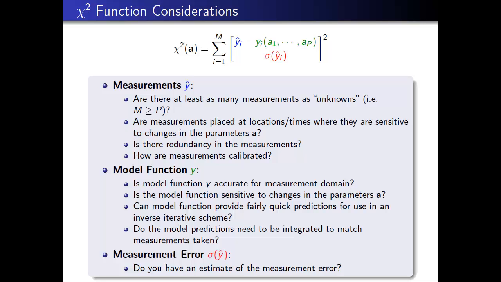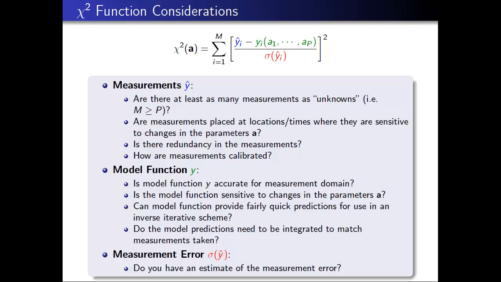Are the measurements placed at locations or times where they're sensitive to changes in the parameters, as you saw in Professor Zhu's nice plots of where changes to absorption are sensitive? You need that path length information. You need the smaller spatial frequencies as well as, or conversely, the longer source detector separations.